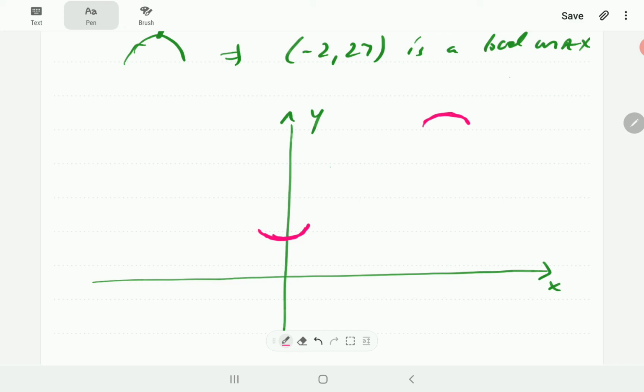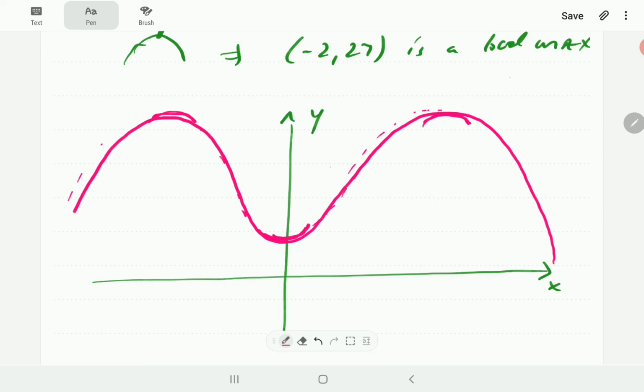At (-2, 27), we've got another local maximum, so the graph looks like that. These turning points suggest that the graph will take this general shape. And indeed, of course, that is what the shape of this graph is going to be like.